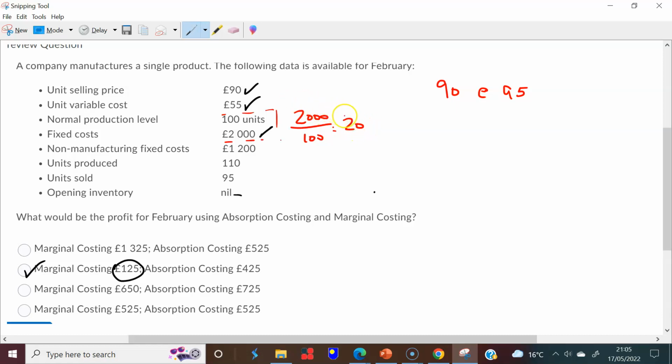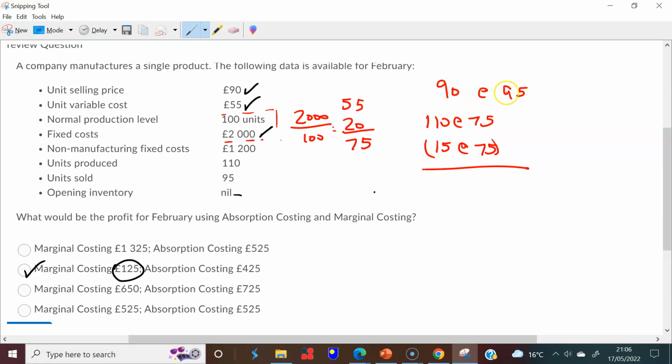So the full cost of a stock would be 55 plus 20, which would be 75, right? Because we're absorbing this cost. So what would have happened was you would have produced 110 units at 75, and you would deduct what you did not sell as closing inventory at 75, right? So this would be your cost of sales, if you like, 95.